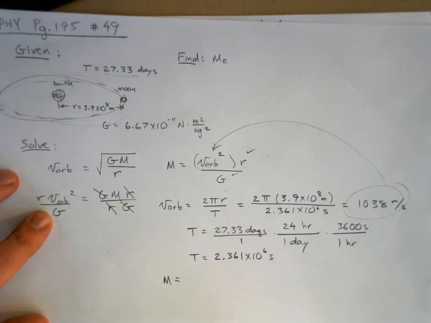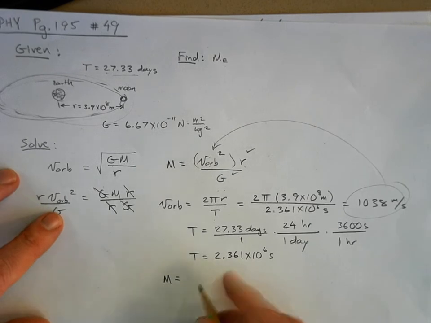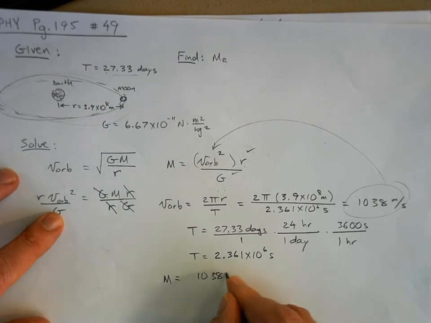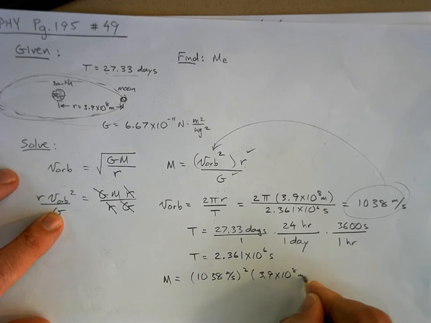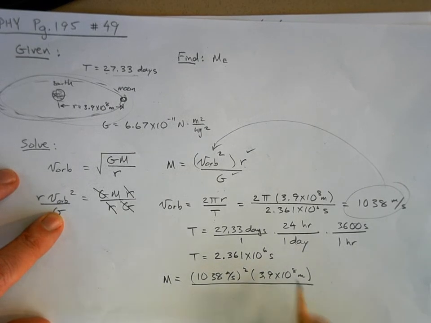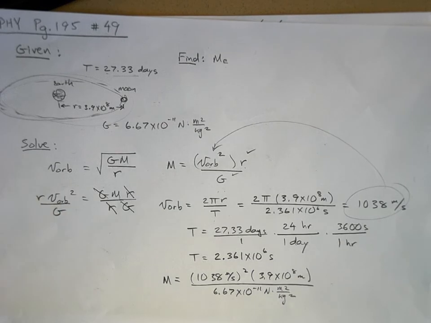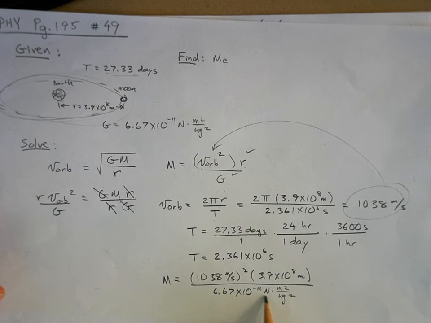So now I can plug that in here. And there's more than one way to do this. So this is going to be 1,038 meters per second. I'm going to square that. I'm going to multiply it by the radius, which is 3.9 times 10 to the 8 meters. And I'm going to divide that by g, which is 6.67 times 10 to the negative 11 Newton meters squared per kilogram squared. And wait a minute, something is goofy here. Oh, okay, no, it's in the Newton.